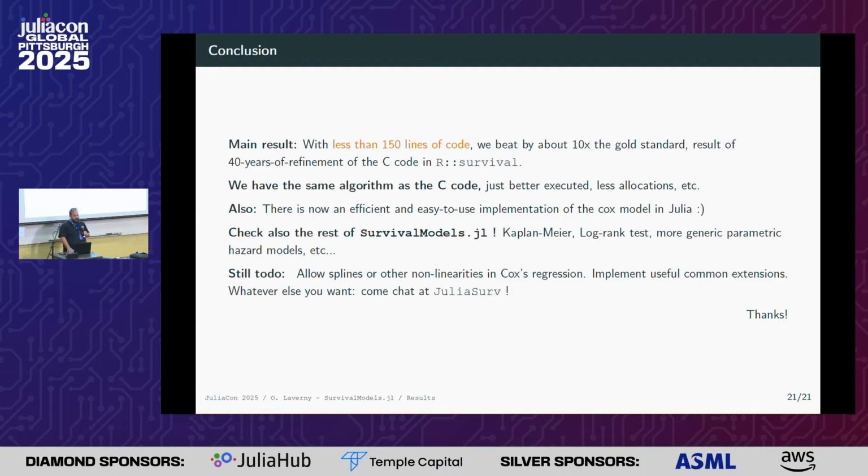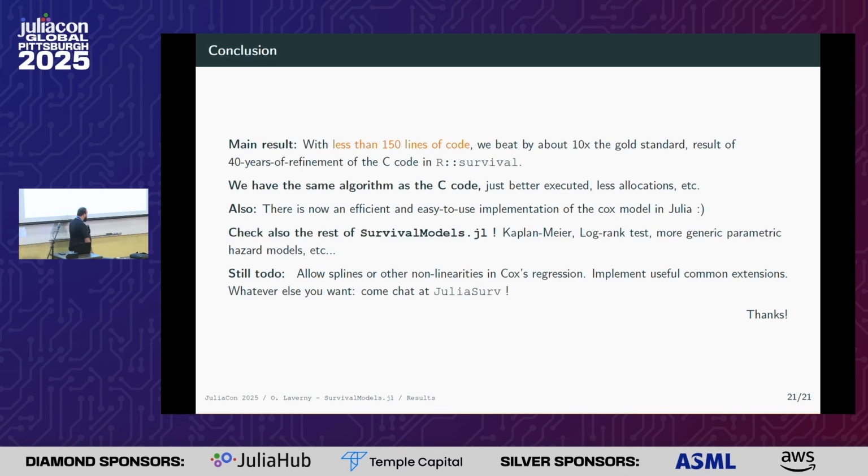And we checked that the algorithm that they have is in fact the same that we used at the end, the theoretical algorithm, but our implementation is just plain better. This also provides an efficient and easy to use implementation of Cox in Julia that was not there before, so it's a step in the right direction.